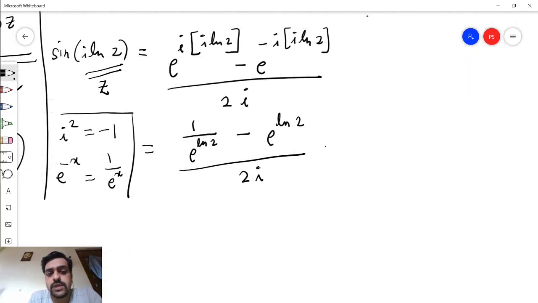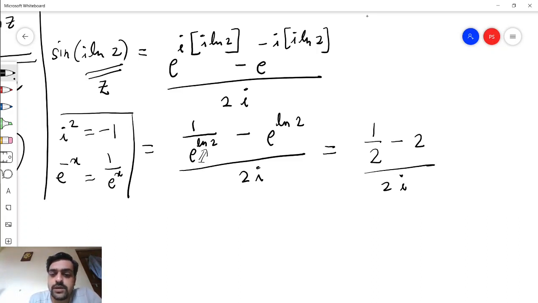Now this is a matter of simplification. e and log will get cancelled and we will have here 1 by 2 minus 2, upon 2i.